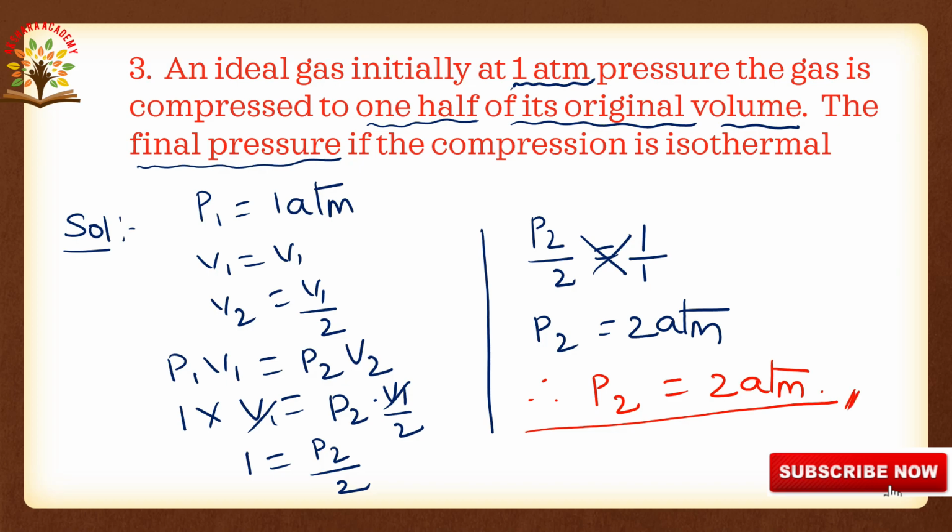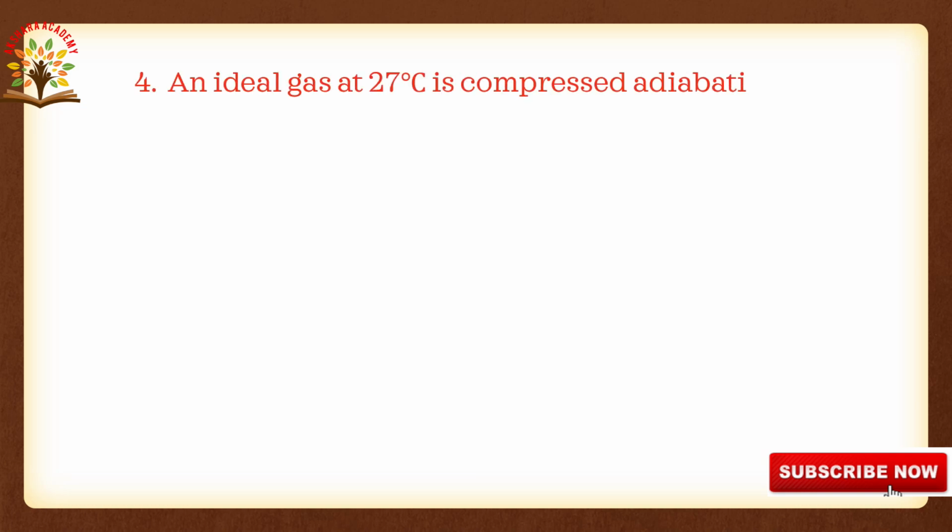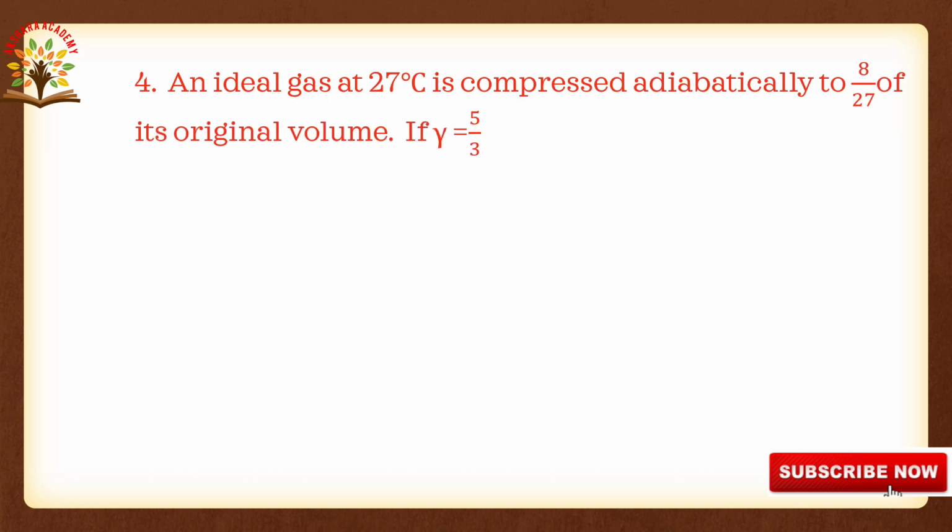Next, let us go to the fourth question. An ideal gas at 27 degrees centigrade is compressed adiabatically to 8 by 27 of its original volume. If gamma is equal to 5 by 3, then the rise in temperature is, you have to calculate the rise in temperature.